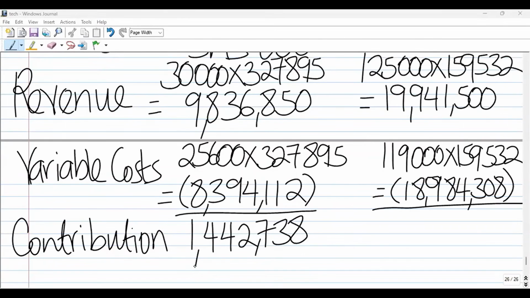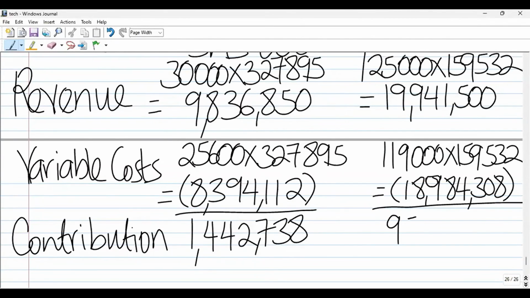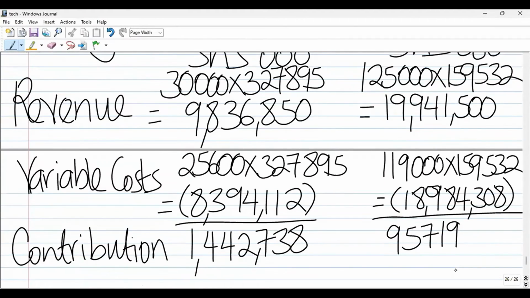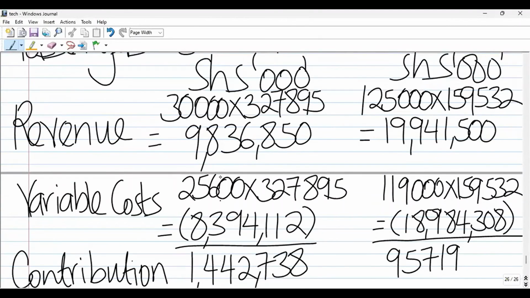957,192. But madam, I'm not getting the same value. I'm getting some zeros after that on the variable cost of the local transport. When you get 25,600 times 327,895, we've cut off the 3 zeros.